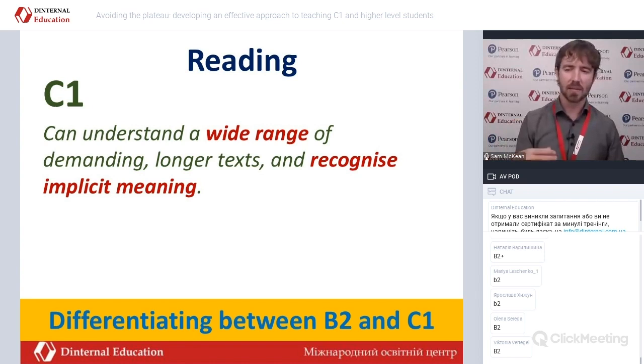By implicit meaning, I mean the meaning which is inferred or suggested. This is the ability to read between the lines and see what the writer is really saying.